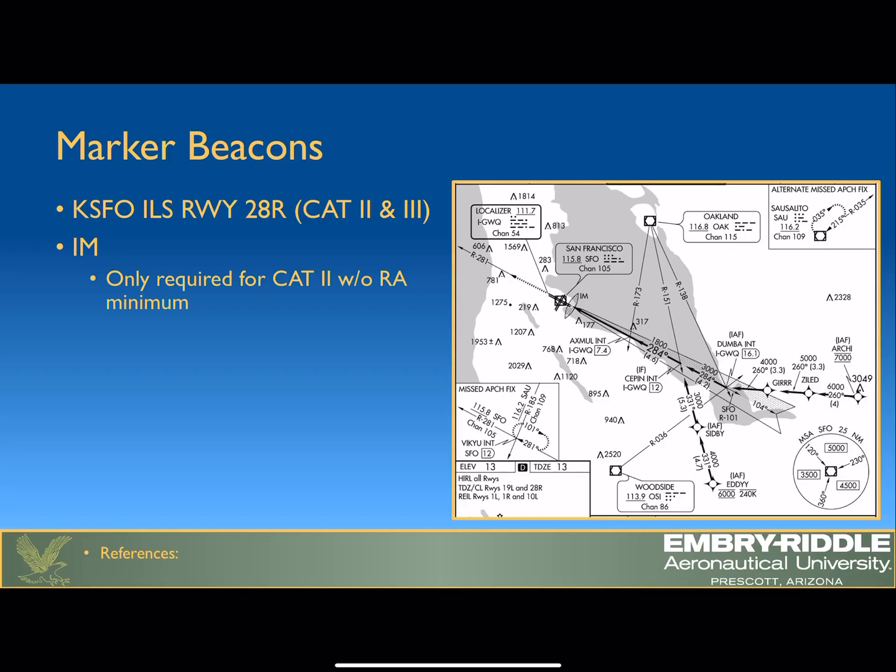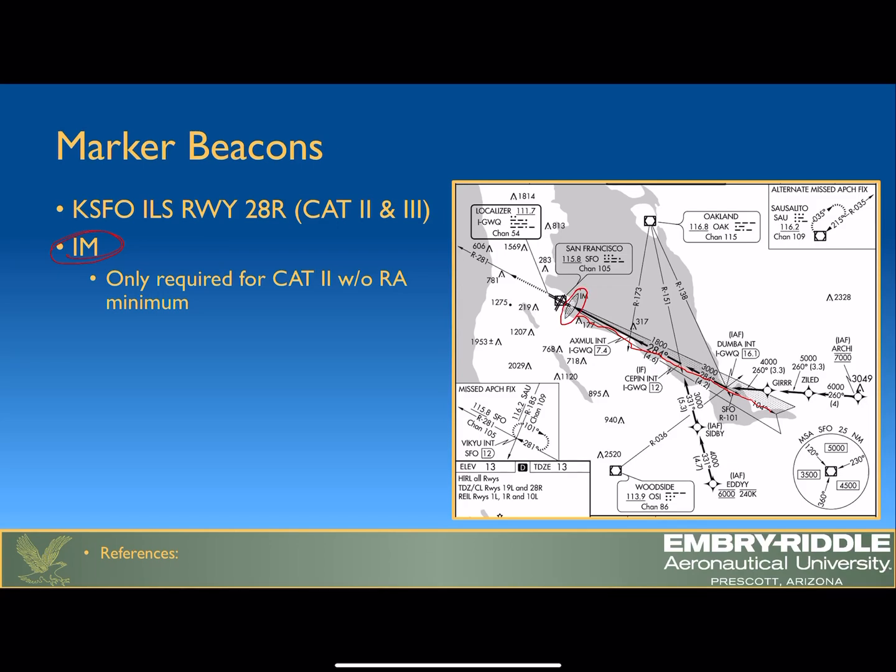So here's some examples of how you would see these charted. In this case, for KSFO, ILS runway 28 right, this is a Category 2 and 3 approach. They only have an inner marker. If you look at the approach as we come in, the inner marker is the very last thing before the runway.